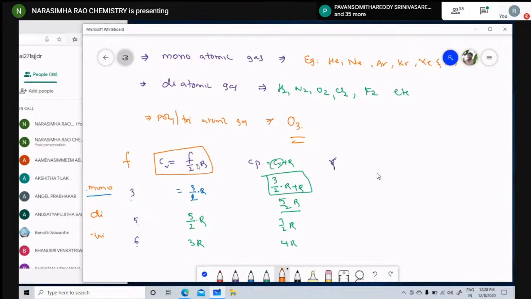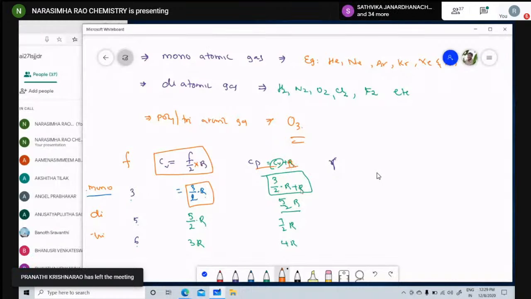Okay, now F/2 R only, not plus R. F/2 into R, now this is Cv. Cp is equal to Cv plus R. Cv is how much? 3/2 R, and plus R is there now in the formula. Understand?